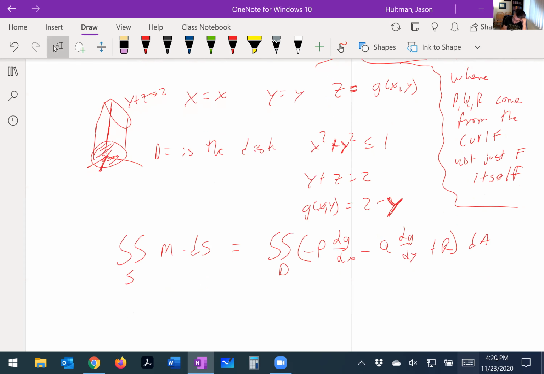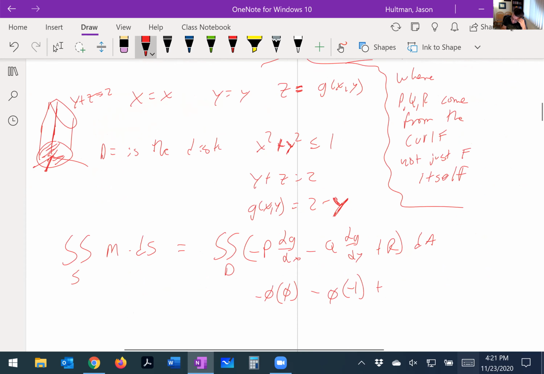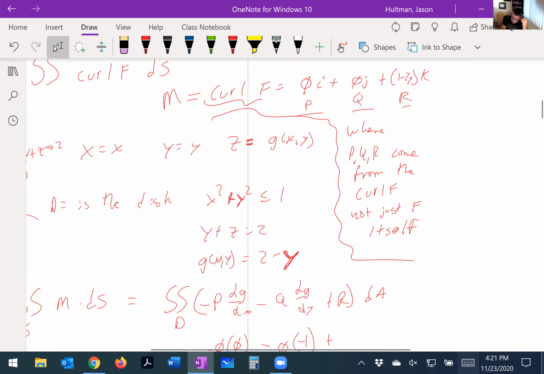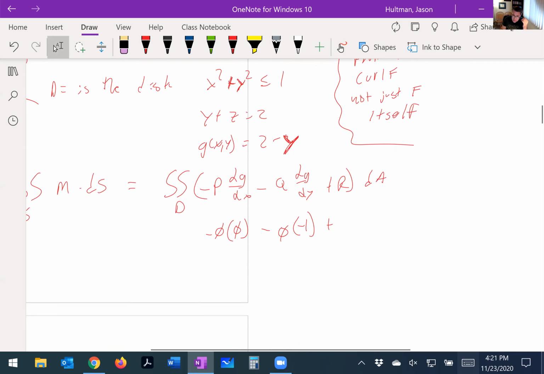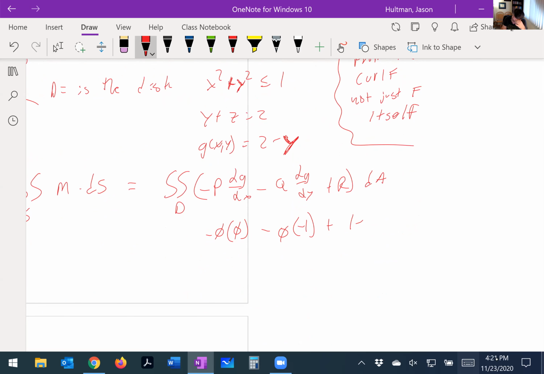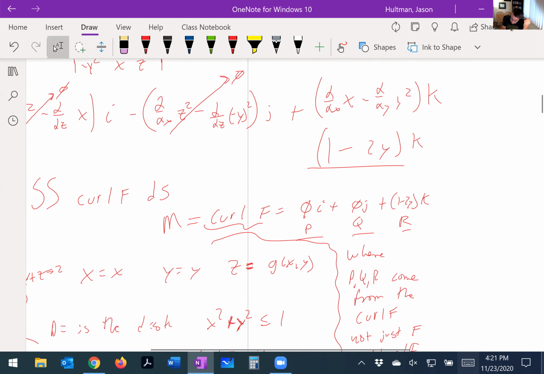If I take the partial of that with respect to x, I get 0. And P is also 0, so it's negative 0 times 0. This is 0 times, well, this is negative 1, plus R. R is my 1 minus 2y. Was it 1 minus 2y or 1 plus 2y?